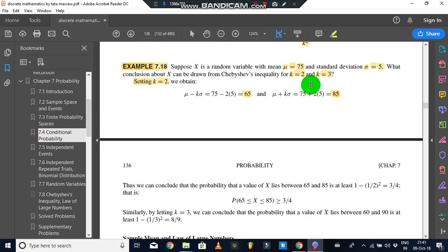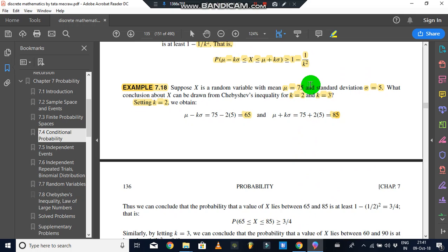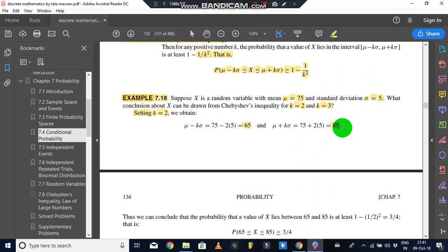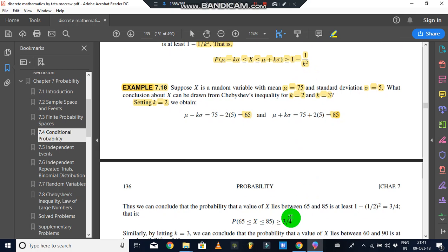Now just put in the value of k and find the probability. For k equal to 2, x lies between 65 and 85 with probability at least 1 minus 1 upon 2 squared, which is 3 upon 4.